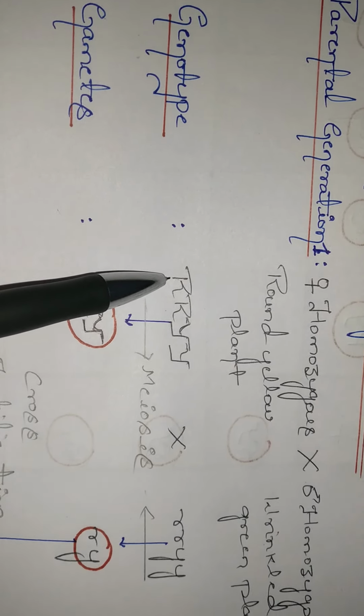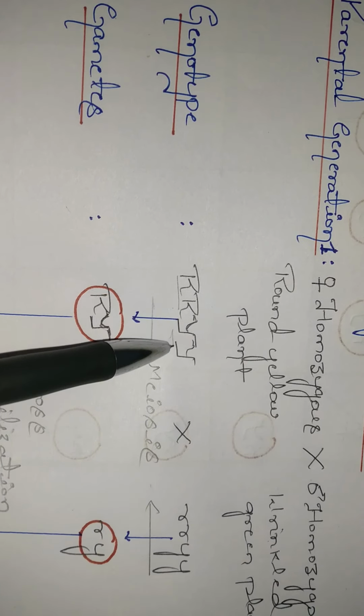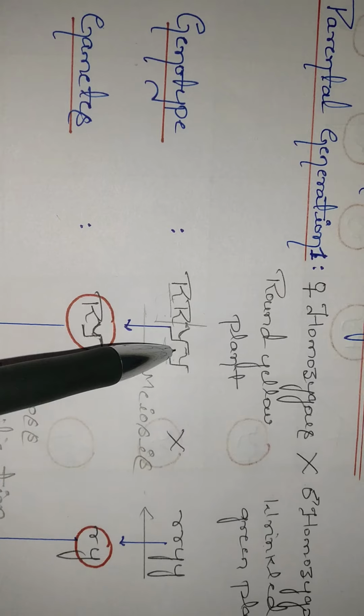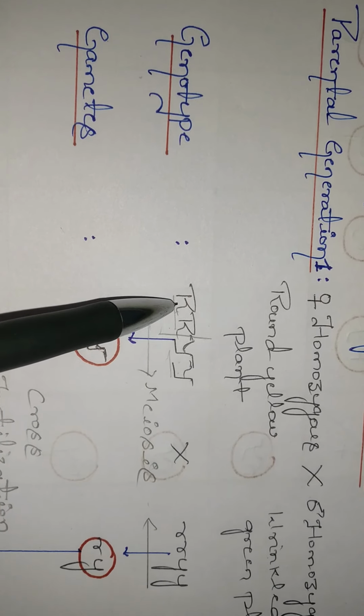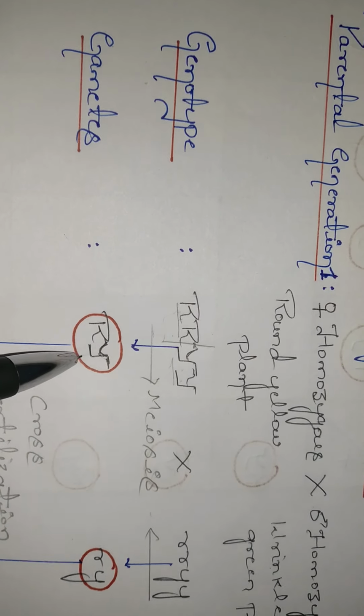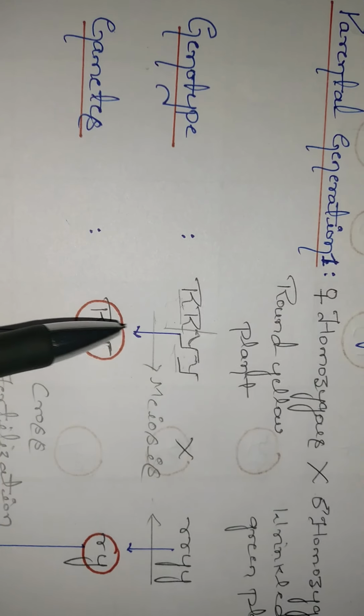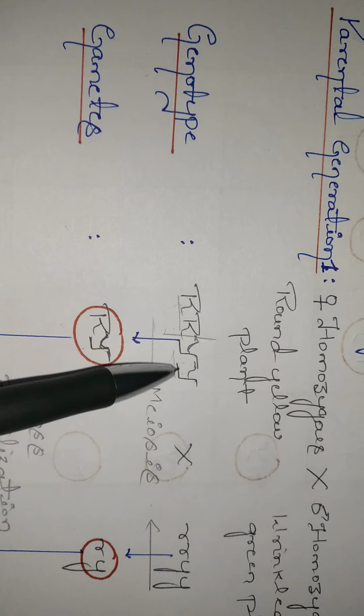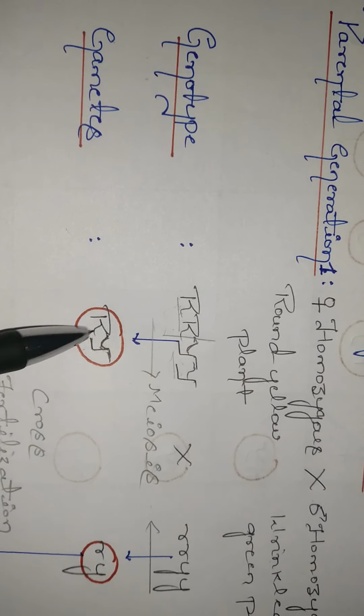So capital R, capital Y. These two are different characters. From each character, a single allele, or single gamete, should be passed on to the next generation, such that from these two characters, one single gamete is selected. From this character, one single gamete is selected.